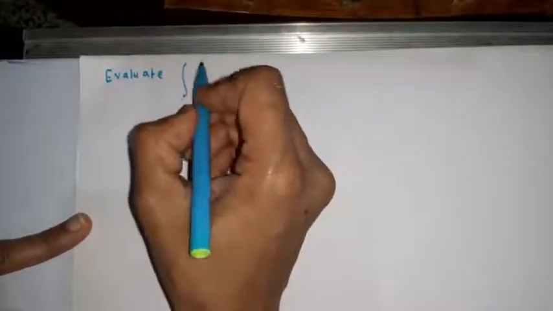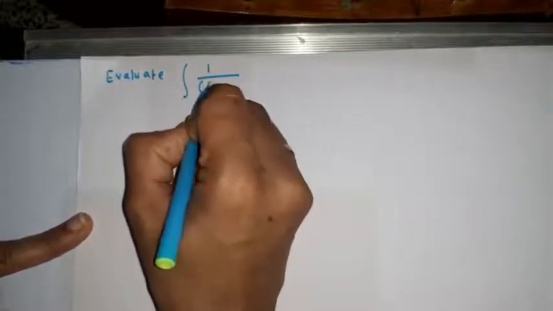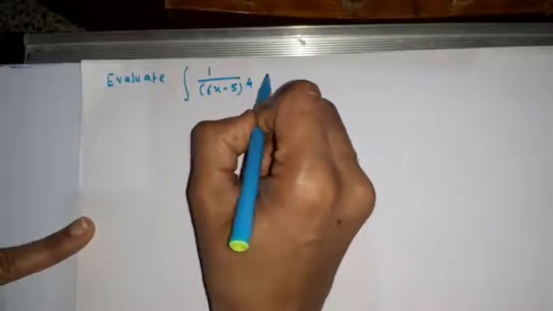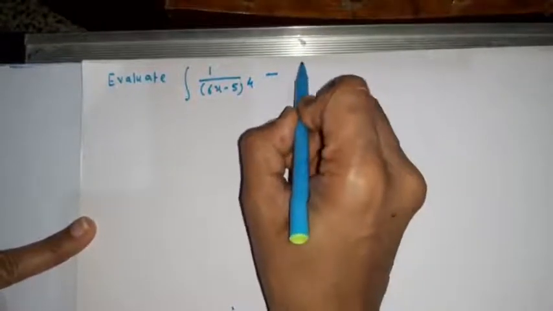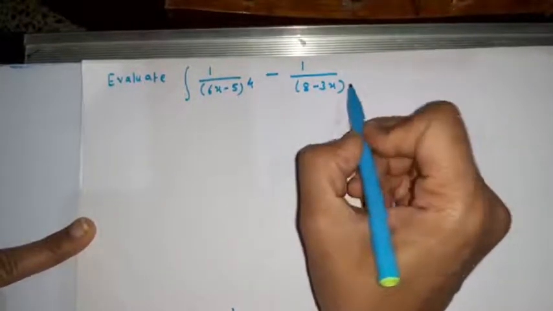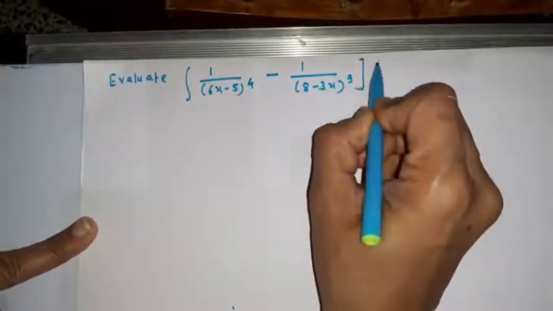Okay, students, now take down the next problem. The next problem is: integrate or evaluate the integration of 1 upon (6x minus 5) raised to 4 minus 1 upon (8 minus 3x) raised to 9, with respect to x.